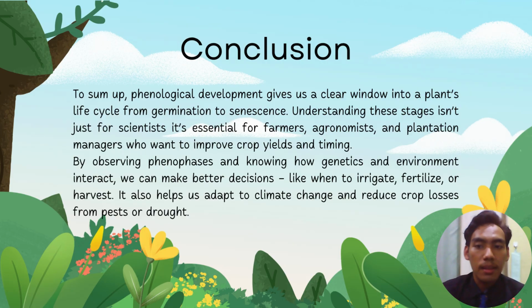Understanding these stages is vital for efficient crop management, pest control, fertilizer application, and adapting to climate change. By observing phenotypes and knowing how genetics and environment interact, we can make better decisions, like when to irrigate, fertilize, or harvest. It also helps us adapt to climate change and reduce crop loss from pests or drought, making agriculture smarter and more sustainable.